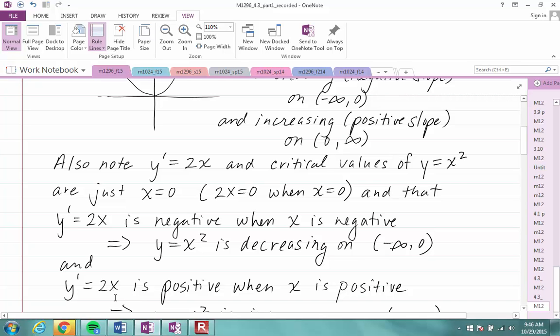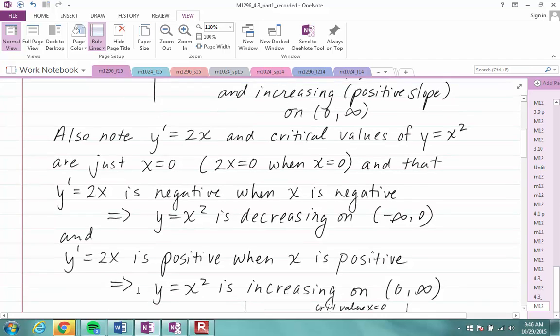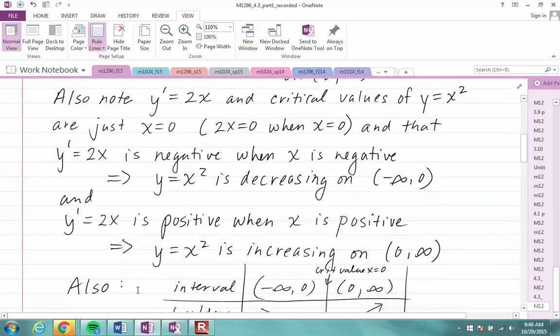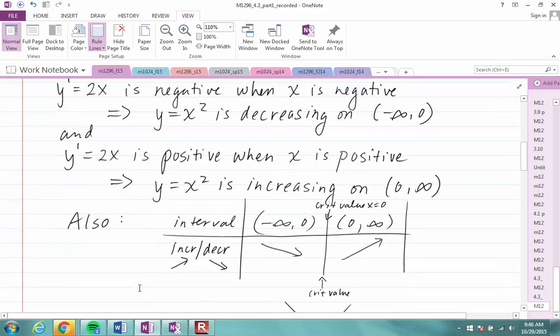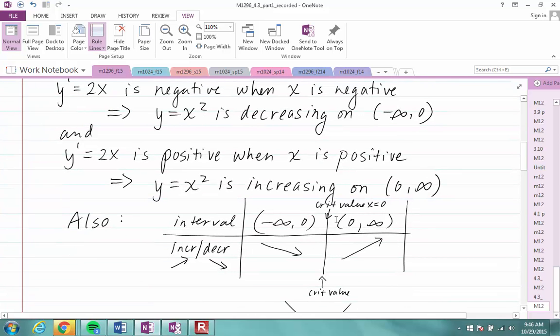We could also talk about y prime being equal to 2x is positive when x is positive, and so therefore it's increasing on the interval 0 to infinity. And we have a critical value at x equals 0. So that's not included on our intervals of increasing or decreasing because the sign of the derivative is just 0, it does not have sign. Or it does not exist would be the other case.